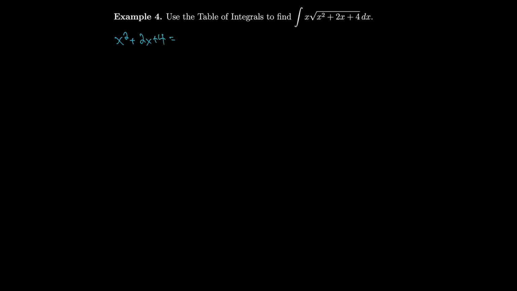That's equal to x squared plus 2x plus 1 minus 1. We'll just add and subtract 1 because that's half of the middle coefficient squared. And we keep our plus 4. So then we'll factor our new perfect square, and we get x plus 1 squared, and then minus 1 plus 4 is plus 3.